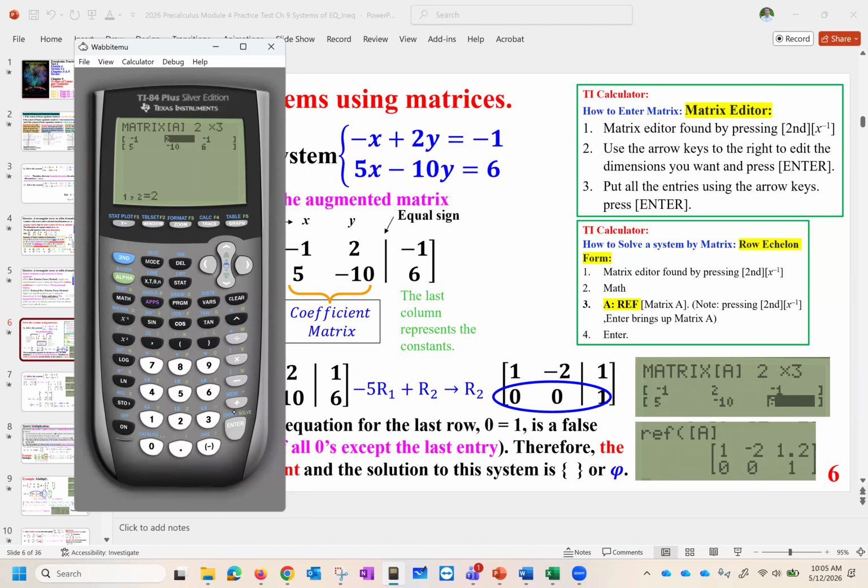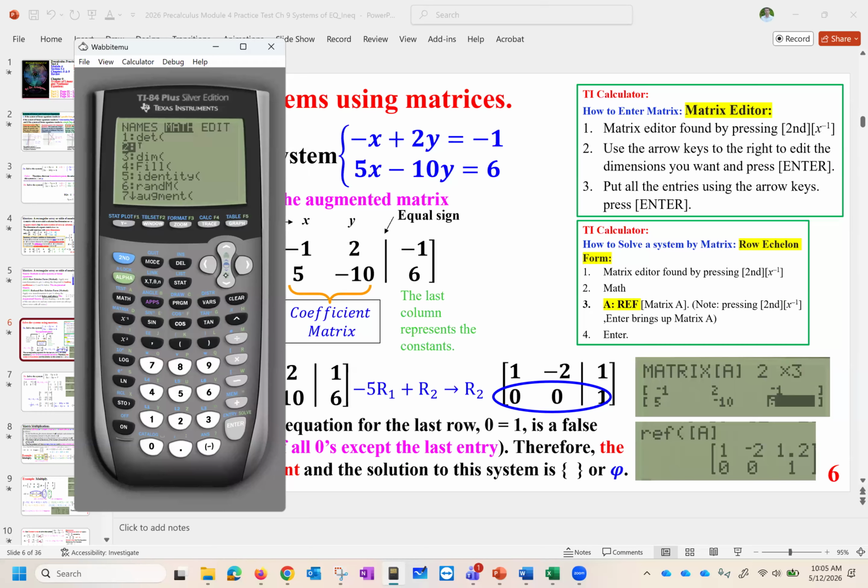So I'm going to go with second mode to get out of that mode. Second, x to the power -1. This time I'm going to go to the math and look at various calculations it can do. Determinant. If I want to calculate the determinant, we're going to discuss that later.